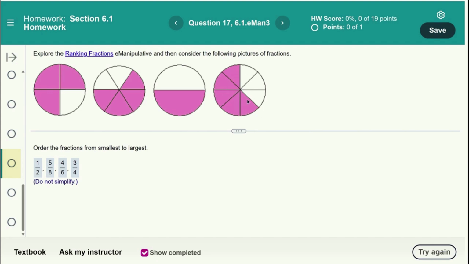As we can see, it's broken up into 8 equal pieces. 5 are shaded, so 5/8. This one comes next, which, if you notice, is 4/6 or 2/3, same thing. And this of course has the largest amount of shading, which is 3 out of 4. So that's a nice problem as well.